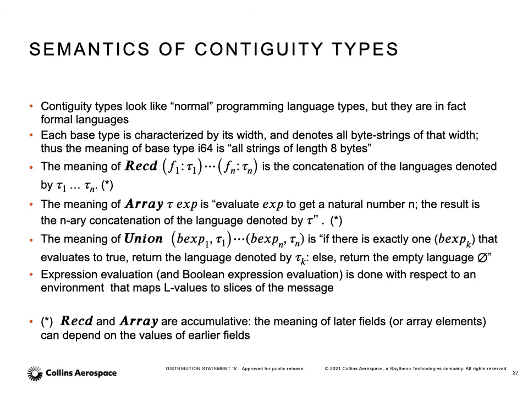The meaning of array is: evaluate expression exp to get a natural number n. The result is then the n-fold concatenation of the language denoted by tau. The meaning of union is that if there is exactly one Boolean expression that evaluates to true, return the language denoted by tau k, else return the empty language. Expression evaluation is done with respect to an environment that maps L values to slices of the message.